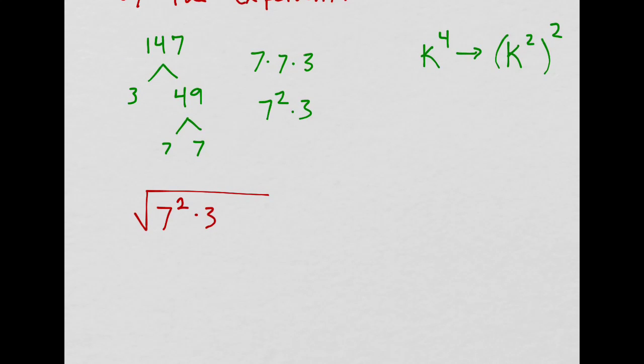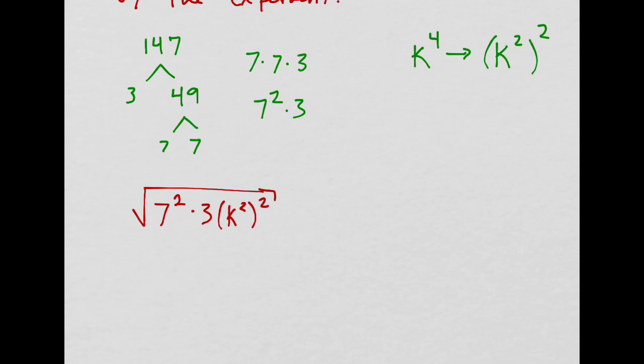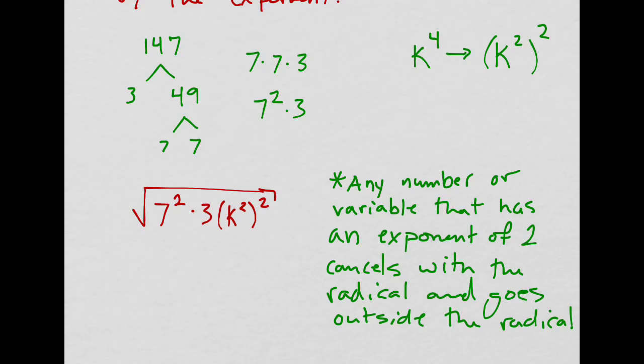And then anything that has an exponent of 2, I can cancel out with the square root.